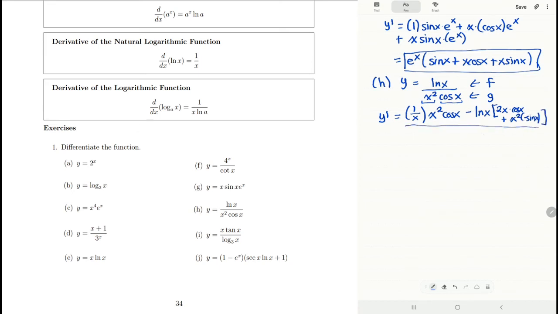And this is all divided by the denominator squared, so x squared times cos all squared.